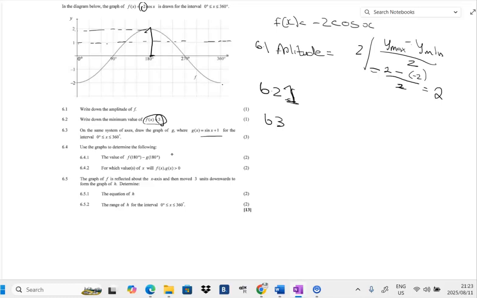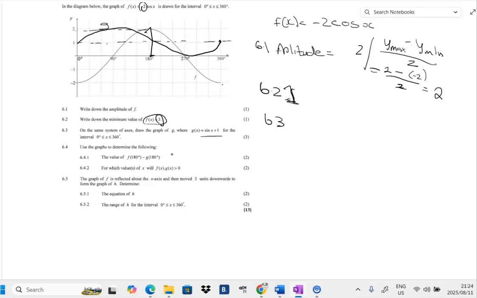We're going to move from 1 all the way to 180, then from 180 to 270, and we end up at 360. That is the graph of g.